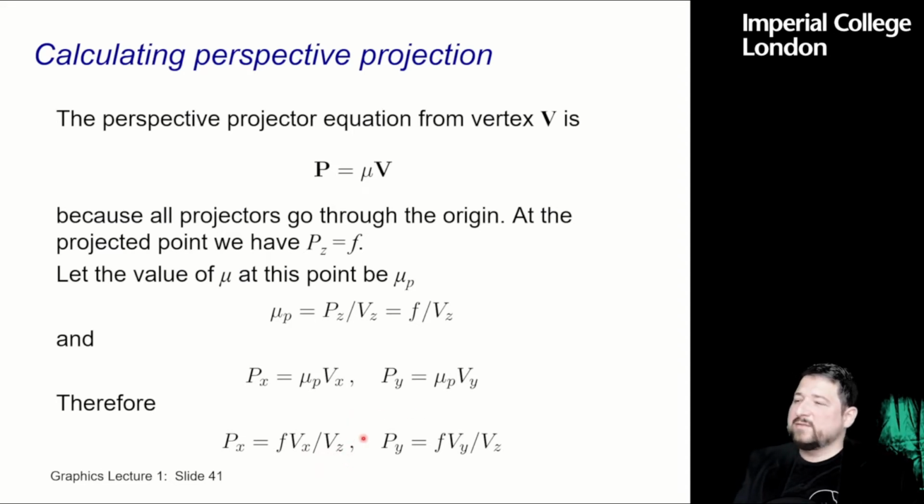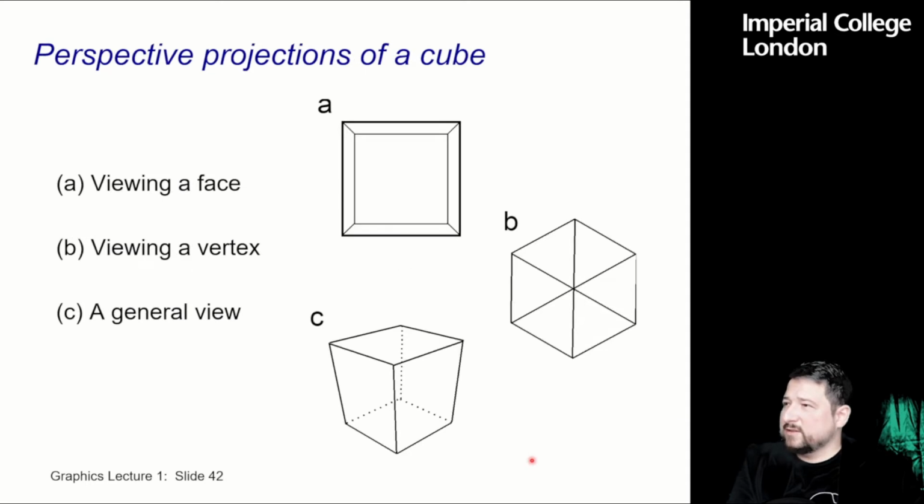This will have an influence, and the distance from the projection plane to the origin. And p y the same here, f times v y over v z. So this is perspective projection, not that hard. You just have to consider two more scaling factors. And suddenly things look more realistic.